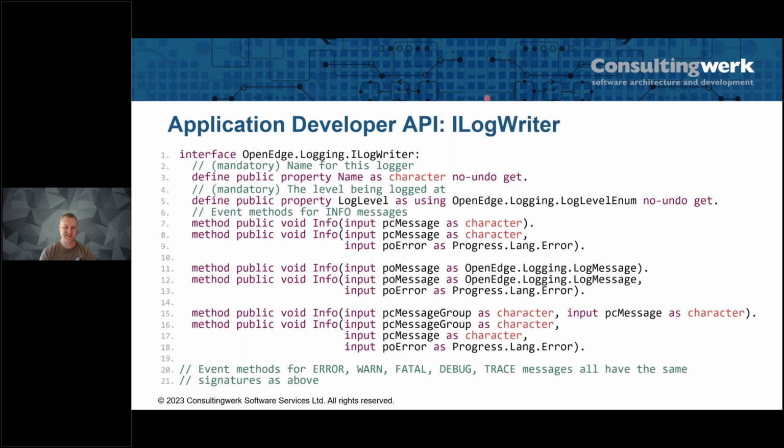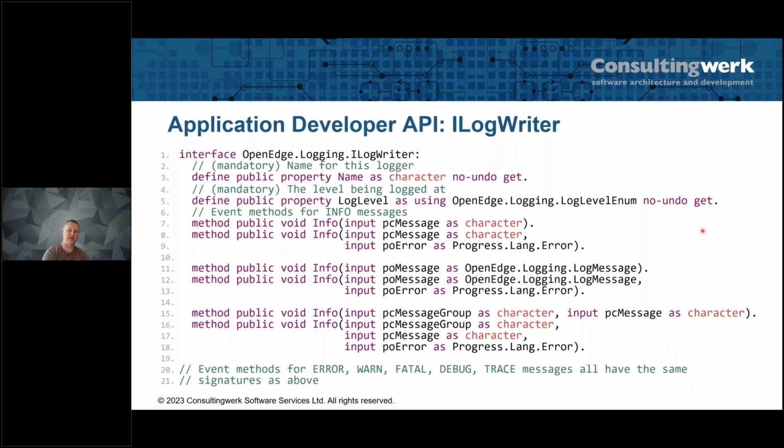So this is a snippet of that interface. The name and the log level, there's an enumeration, an enum type, for that. And messages have a name, a group, or a message and an error. Again, group, message, and with error, in these chunks.